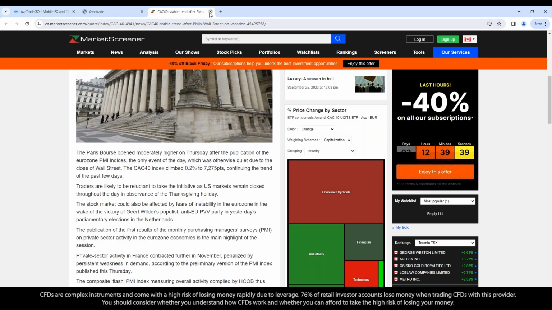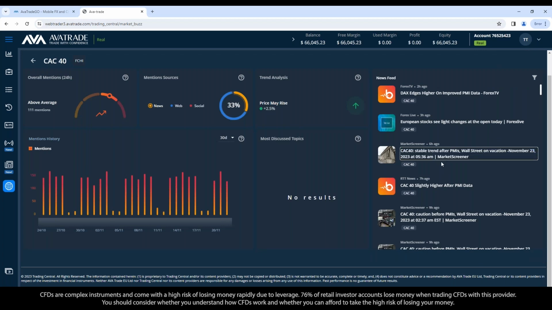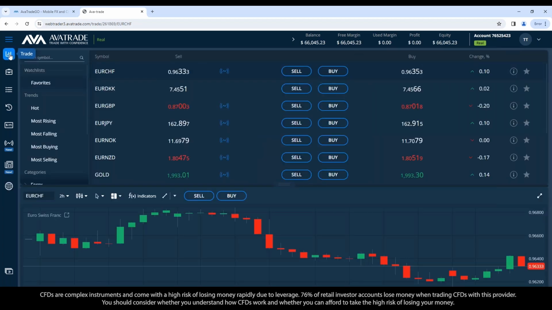Okay, so real quick, you can find, without much trouble at all, articles to help you understand how you might want to trade on different instruments. And this is an important part of trading, is checking the headlines. What's happening fundamentally with what you want to trade on, then go to the chart and try and find entry points and exit points, okay? So if we want to go to the CAC 40, now it seems like the technical signal is that it would rise.